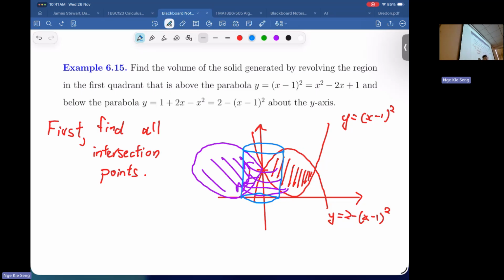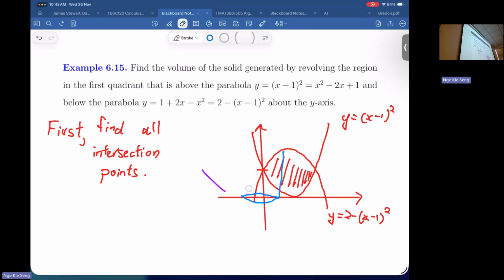So you need to take out a smaller cylinder. This is not symmetric, so let me draw it to be symmetric so that we can draw a proper cylinder takeaway.